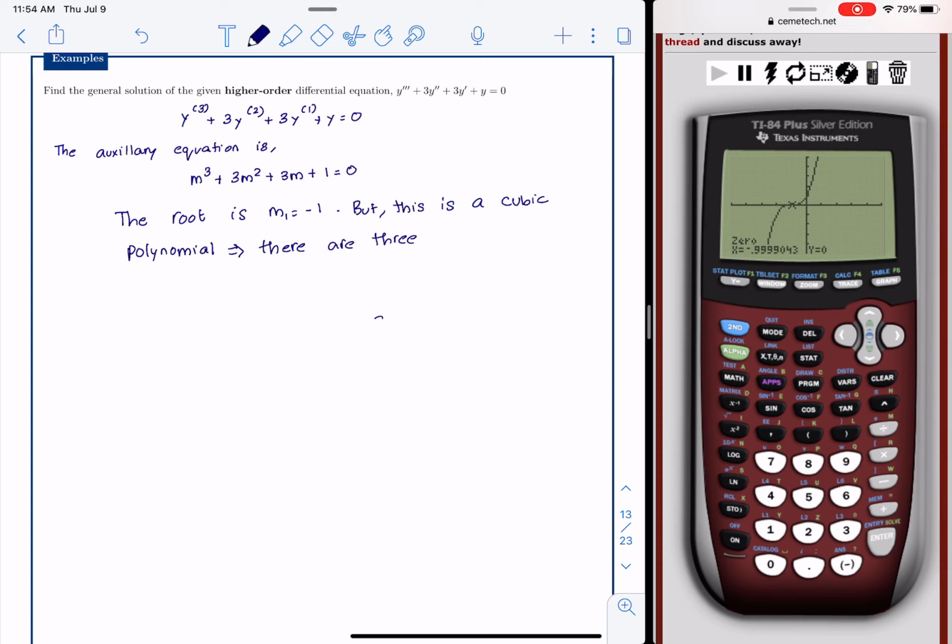And we have found one of the 3 roots, and we've got to find the other 2. There are 2 possibilities. The other 2 are real and repeating, or they are complex and they are conjugate pairs.